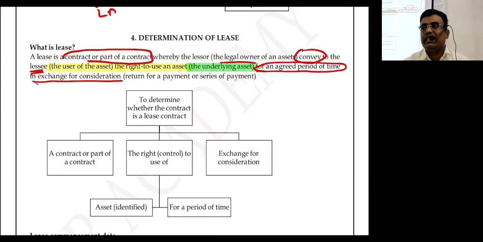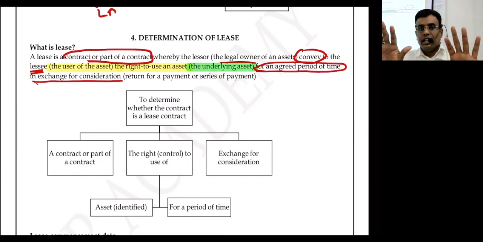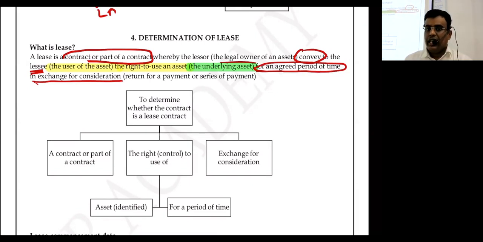A lease is a contract or part of a contract whereby the lessor conveys to the lessee. What does the lessor convey?